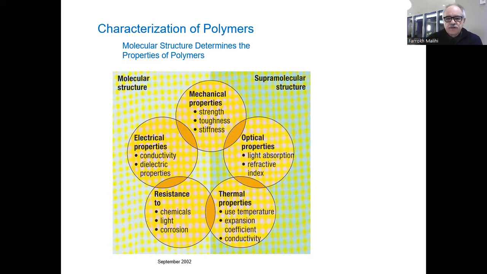These properties include mechanical properties, the strength, toughness, stiffness, electrical properties such as conductivity, optical properties like refractive index and light absorption, resistance to chemicals, light, corrosion, and thermal properties. These are all important characteristics in designing a particular polymer for specific application.